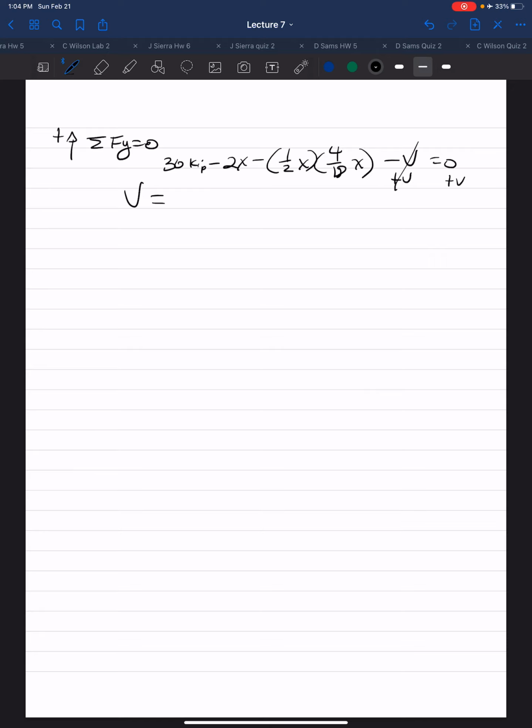You have V equals 30 minus 2x minus x squared over 9. And this is in units of kilopounds.